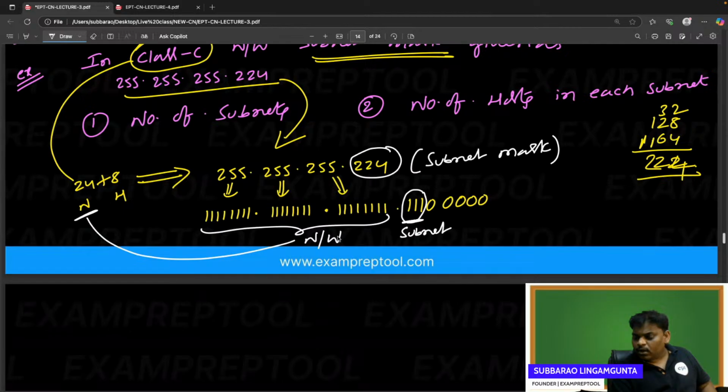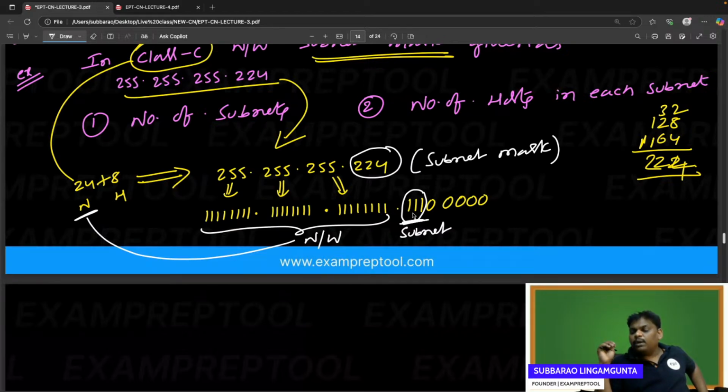Network part all ones is 24 bits, but here the ones after that mean subnet part. After the network, the subnet only will come. So these bits are for subnet. Try to understand: it is a mask, not a host IP. By seeing the mask, I can say.